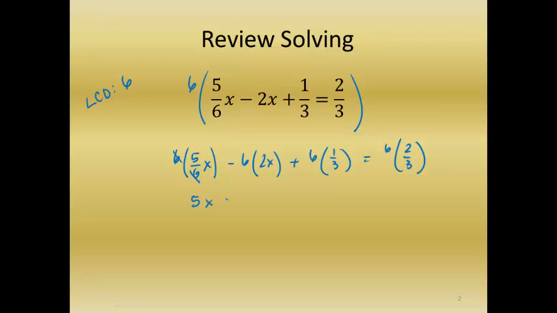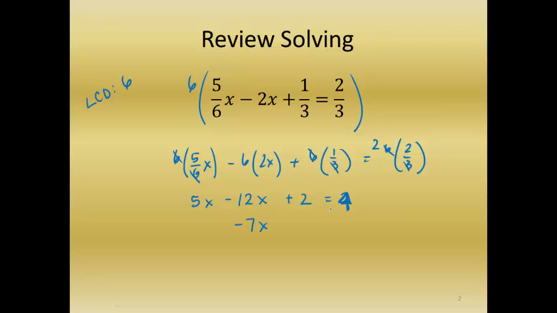In this next piece, the 6 gets multiplied by the 2, which makes it a negative 12x. In the next piece, the 6 and the 3 become just a 2. And in this next one, the 6 and the 3 become a 2, but they get multiplied by another 2. So, 4.